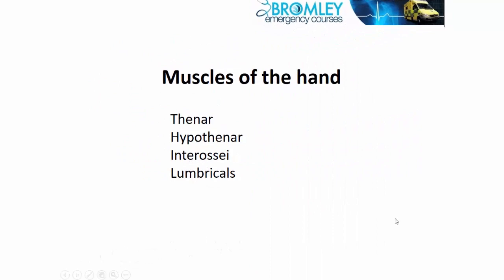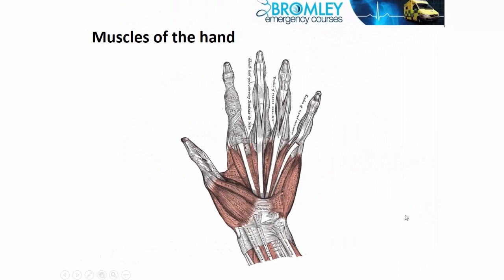Okay, let's move on to the innervation of the muscles of the hand. We need to think about those in 4 groups. There's the thenar muscles, those are the muscles on the thumb side. The hypothenar muscles, those are the ones on the little finger side. The interossei, the muscles between the fingers, and then the lumbricals, 4 funny little muscles which we're going to come to.